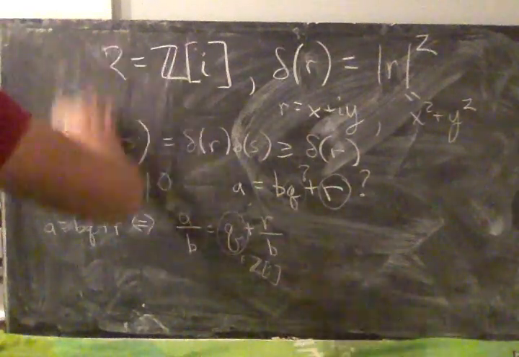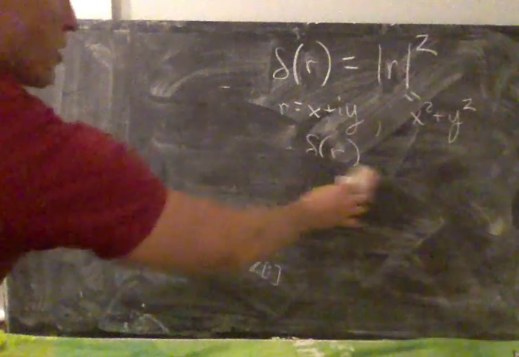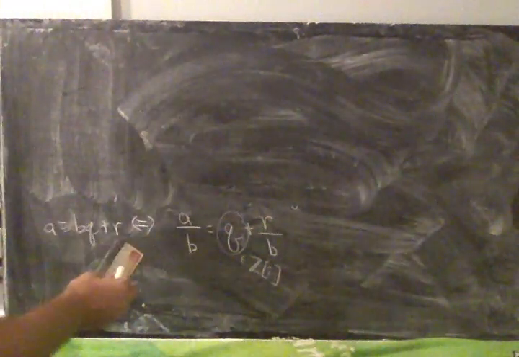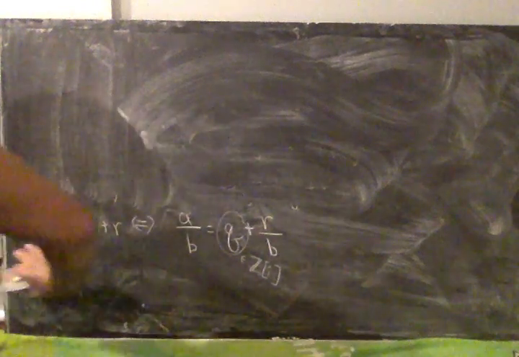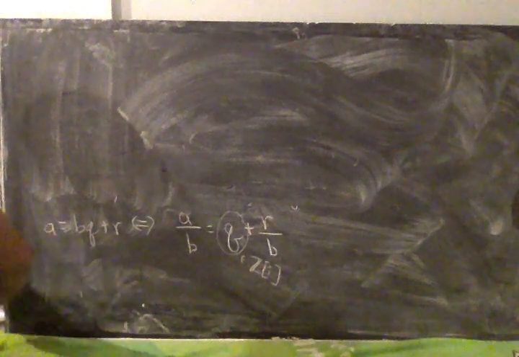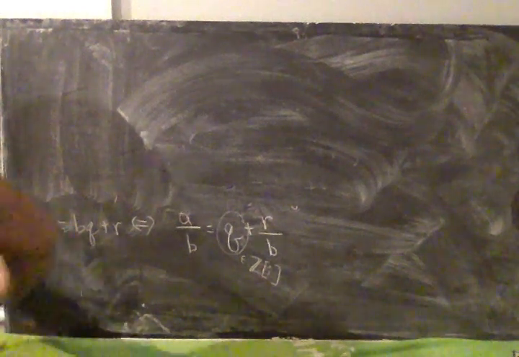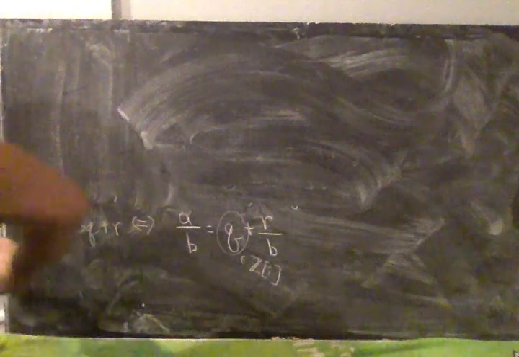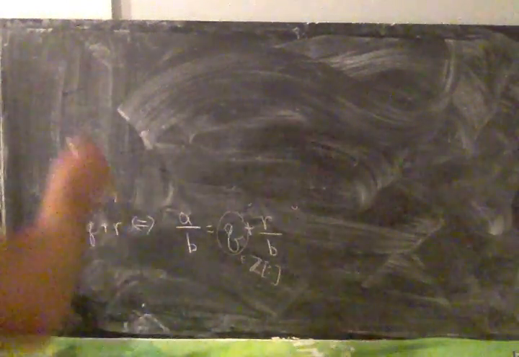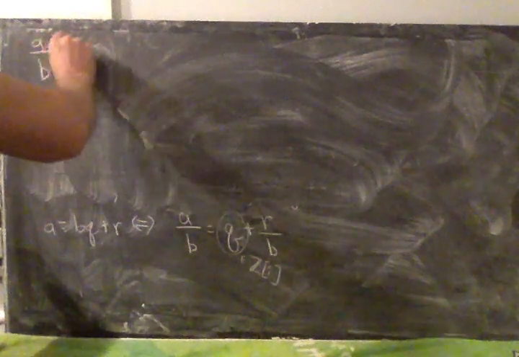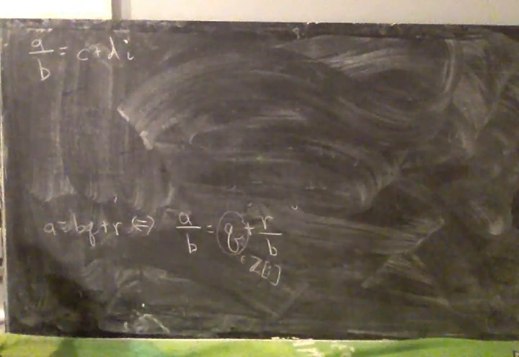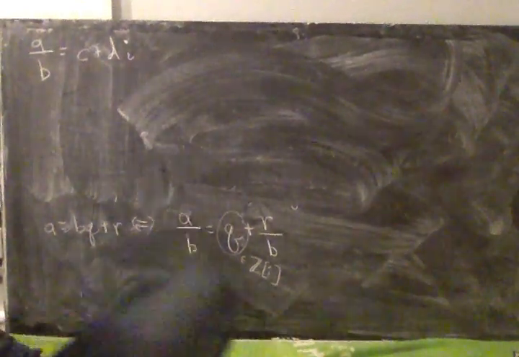So let me just draw you a little picture here to hopefully help you out. Okay. So let's say that A over B is equal to C plus DI. Now, how do we think about this?